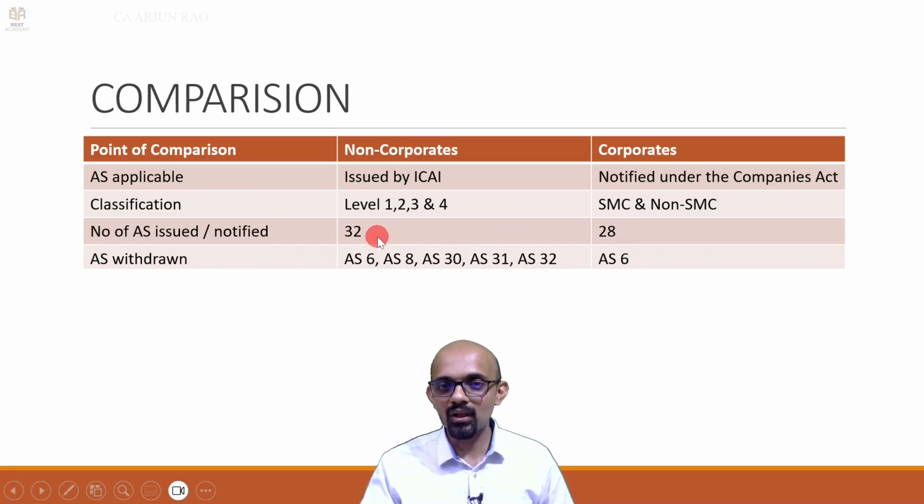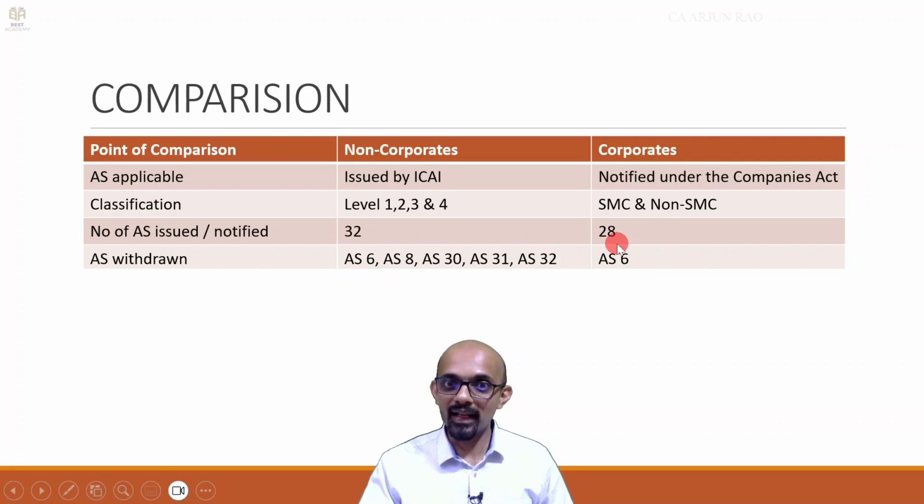So 32 issued, AS 8 first to be withdrawn in 2004, AS 30, 31, 32 were issued only in 2007, later withdrawn. So for corporates only 28 issued, that is excluding these 4. AS 6 was the last to be withdrawn. It was withdrawn in 2017. Both places it was withdrawn.